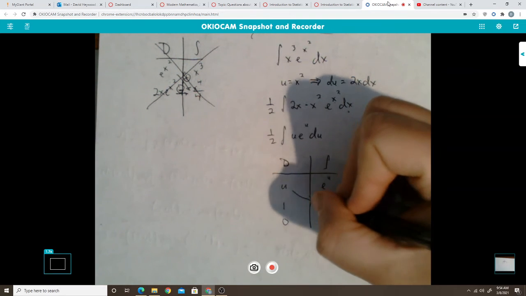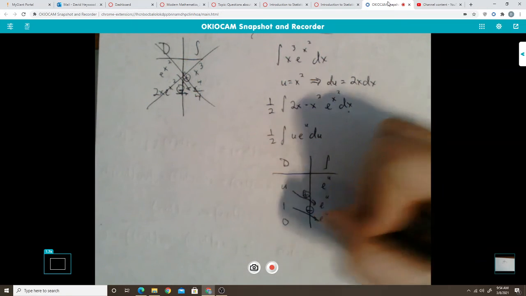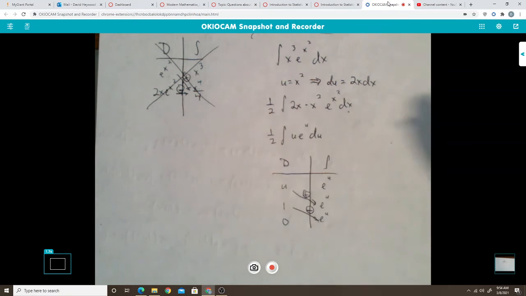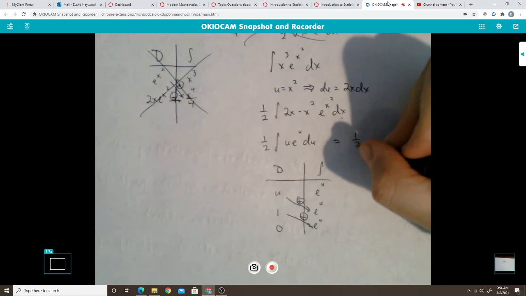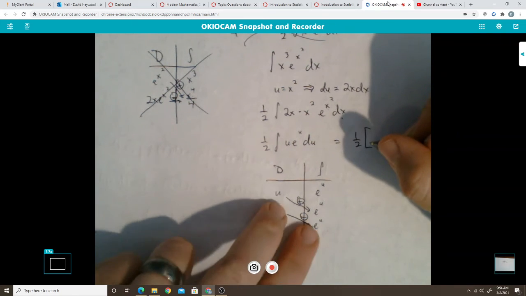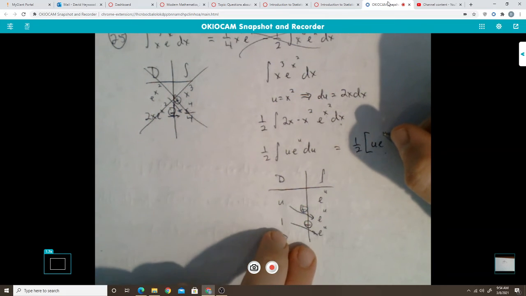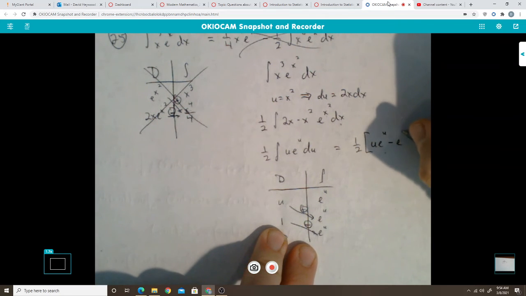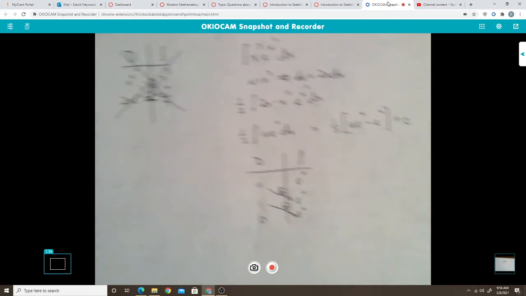And we'll do plus, minus, and then plus, but there's not going to be anything left to integrate because 0 times e to the u is just 0. So we're going to get 1/2 times u e to the u minus e to the u, and then plus c.